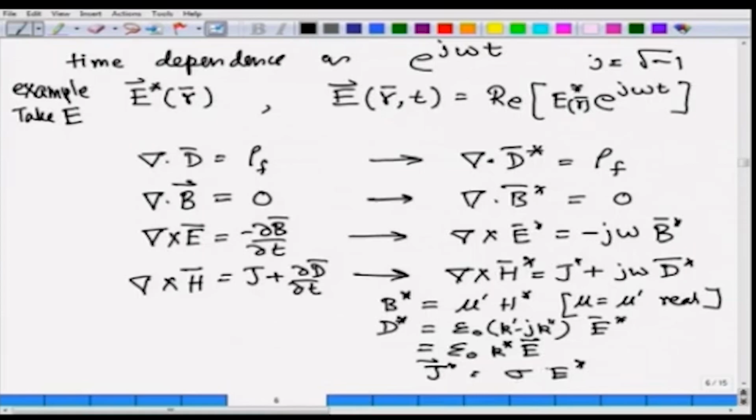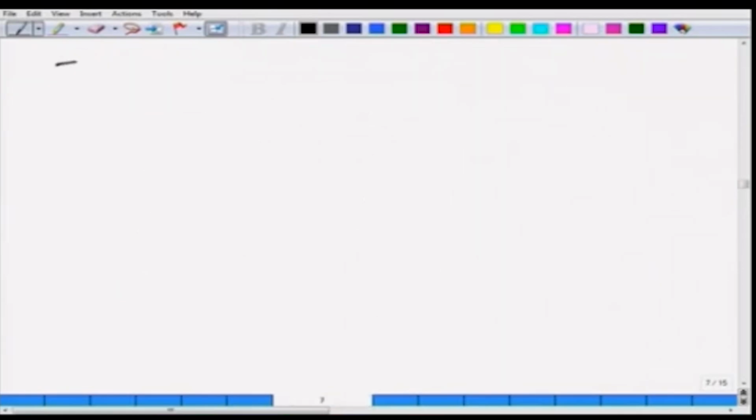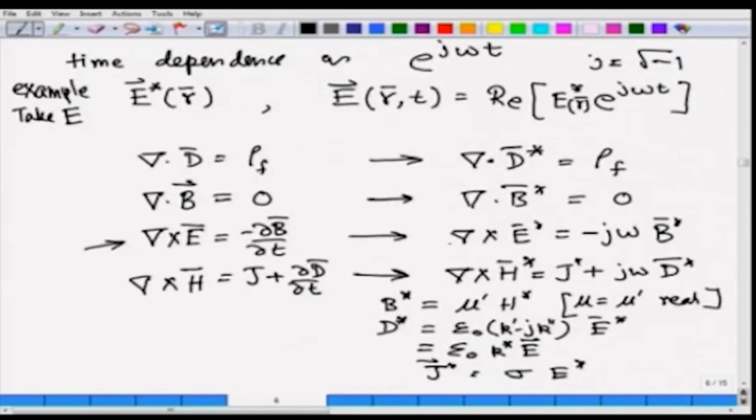If that is the case, let us take this equation and take its curl. What happens then? Let us write down the curl of this equation. Since I am working in phasor notation, I am taking the curl of this particular equation.